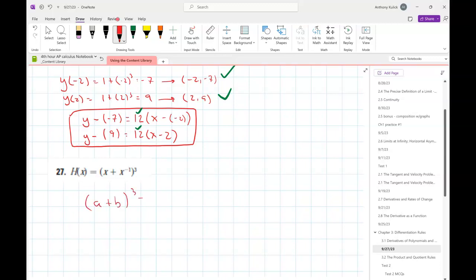So what I'm going to use to do that is this multiplication pattern.